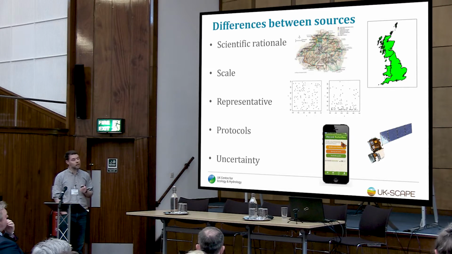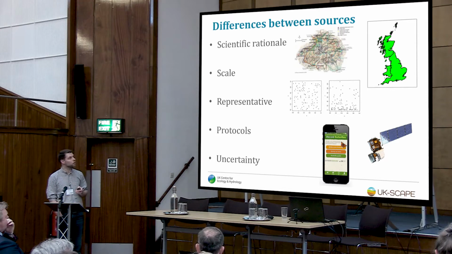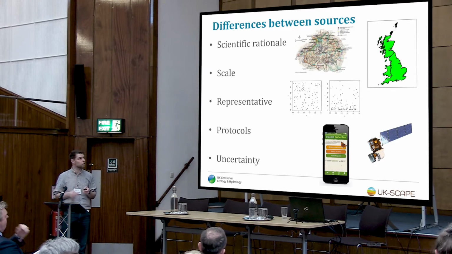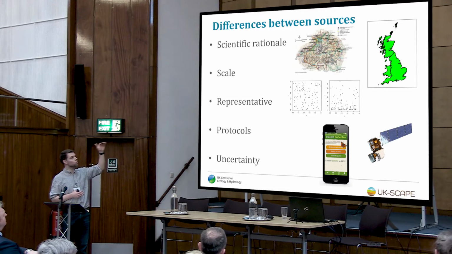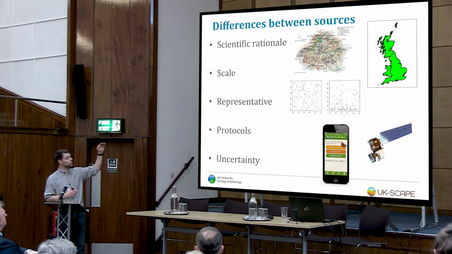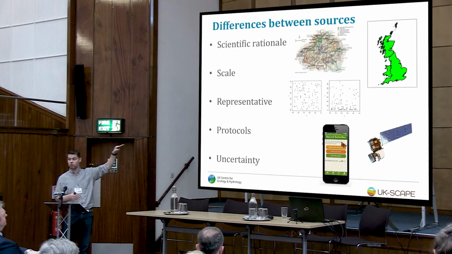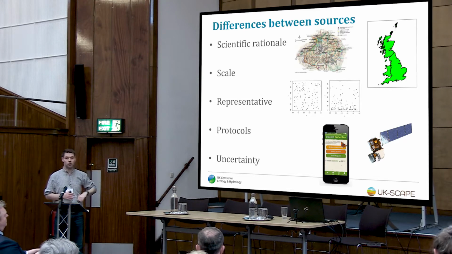So there are key differences between the different data sources, those observation processes that I talked about. There are different reasons why we might have these different observation processes. It might be the scientific rationale for why the scheme's there in the first place, different scales, or that they're representative of different aspects of the environment. Different protocols is probably one of the biggest differences here.